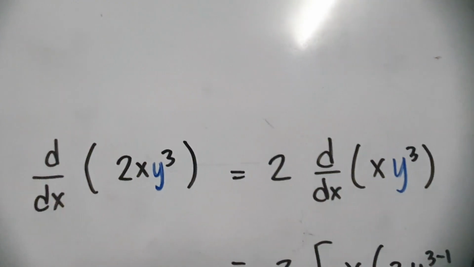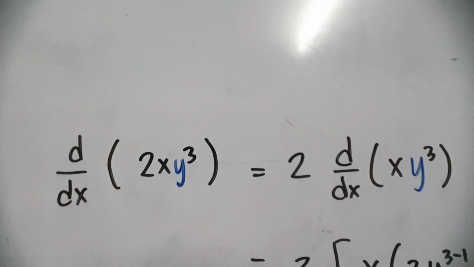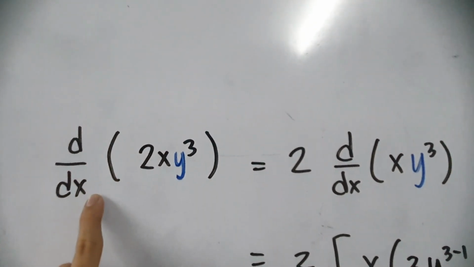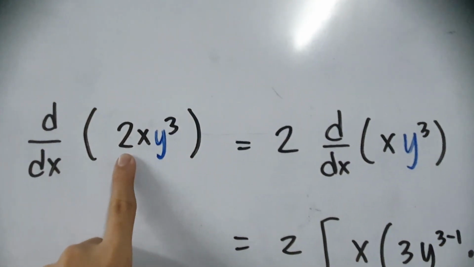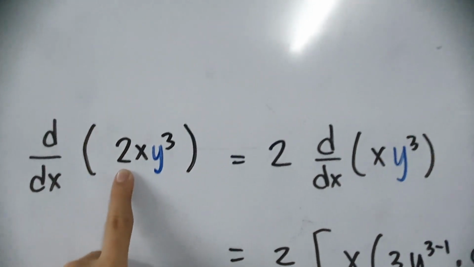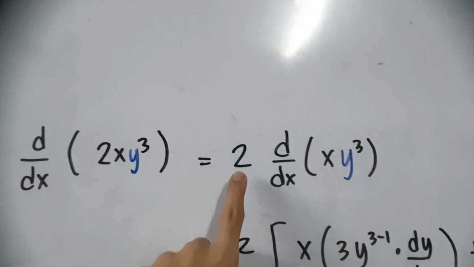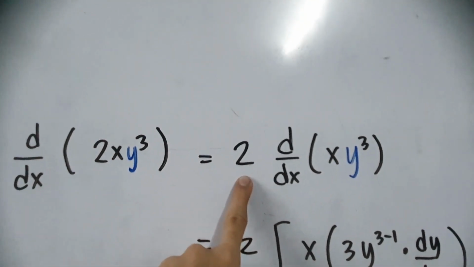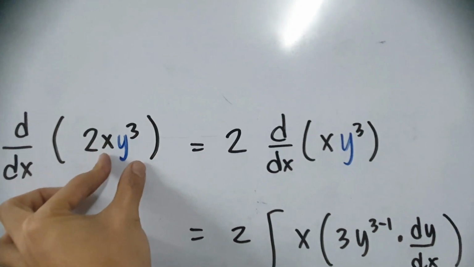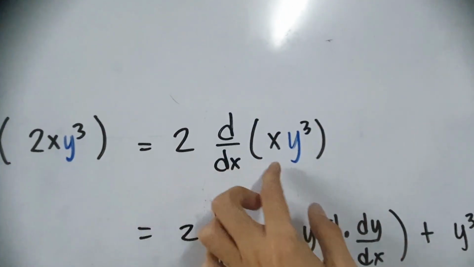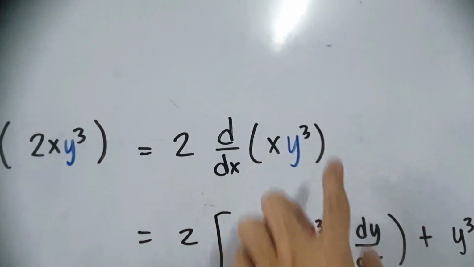Now let's elevate it more. If we have this example, the derivative with respect to x of 2xy cubed. So we have a multiple of 2, so we can write 2 in front, and we're going to apply this derivative only to our variables, only to the xy cubed.